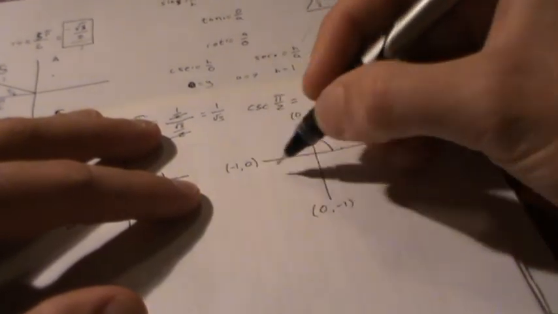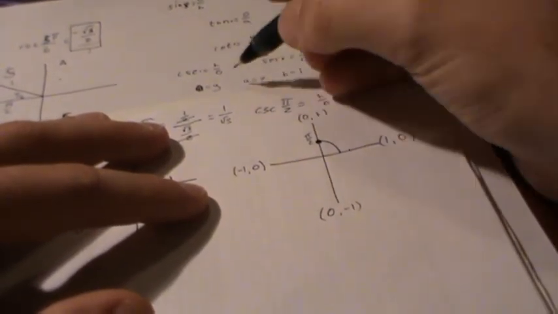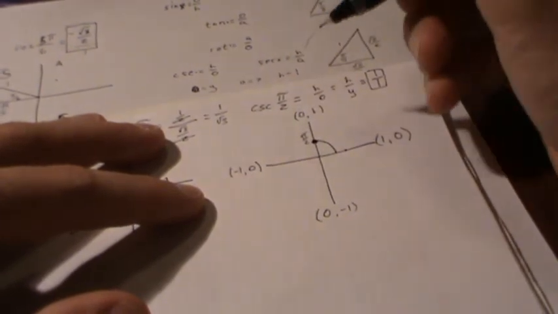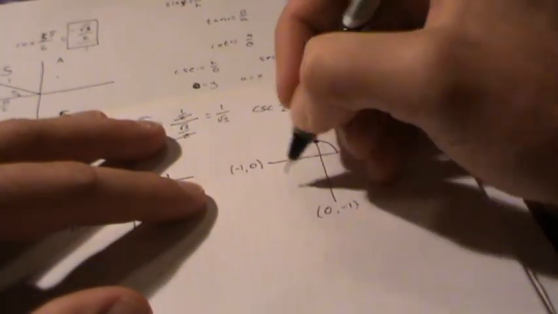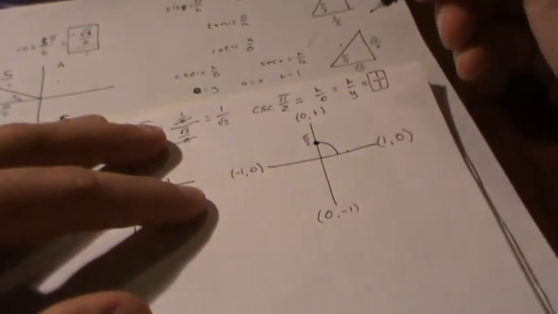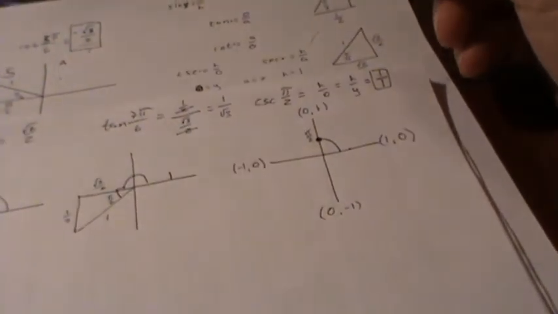You always look at the y coordinate if you want the opposite side, and you always look at the x coordinate if you want the adjacent side. Alright, and I'll explain the theory behind that again in the class. So it's a bit long. So then I just put 1 over 1, since the cosecant of pi over 2 is 1.